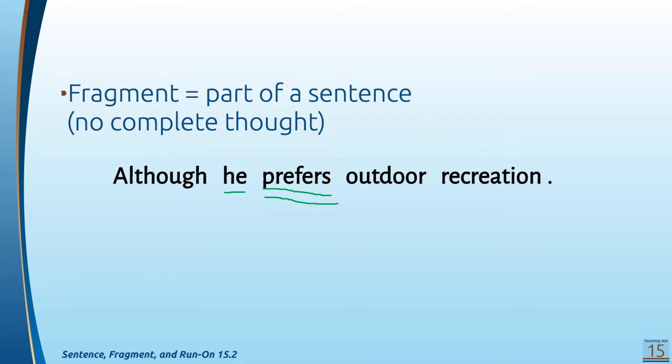But do we fully understand what's going on, or are we left with questions? Although he prefers. Yeah, we're left with questions. Although he prefers outdoor recreation, what? He still went camping, or he never goes outside? What could it be? So you're left wondering what is the complete thought for this particular sentence.